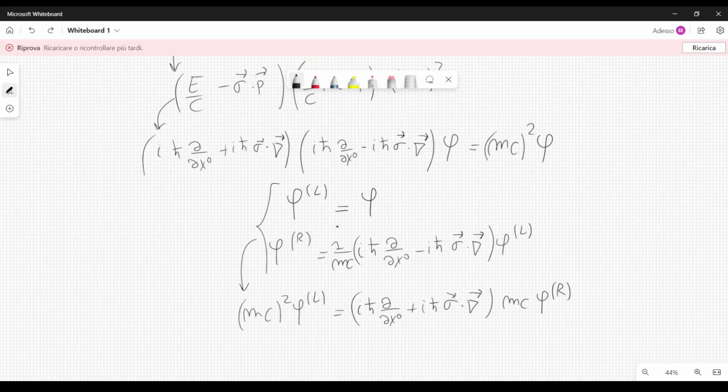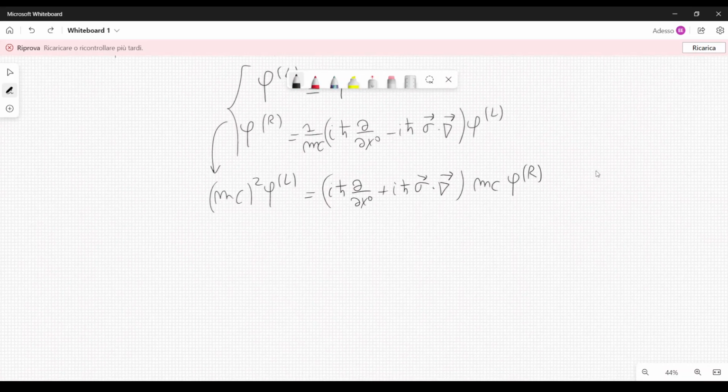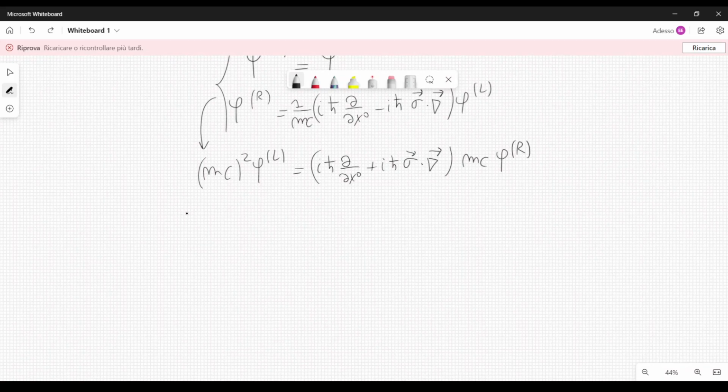Now, we want to rewrite only one equation with 4 components instead of 2 equations with 2 components. Let's rewrite these 2 equations that we found in this fashion. So first, let's rewrite them like this.